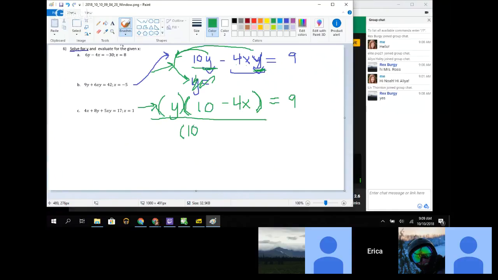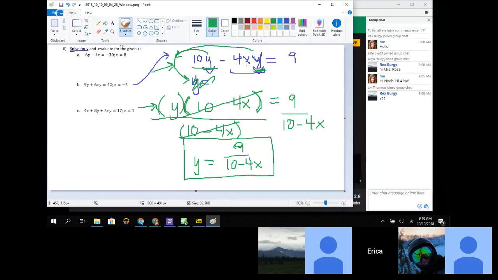So if I divide by 10 minus 4x, I can also divide this side by 10 minus 4x. Then these cross off, and I'm left with y equals 9 divided by 10 minus 4x. All right, so that's how I would solve for y.